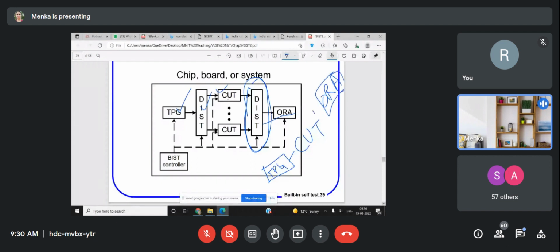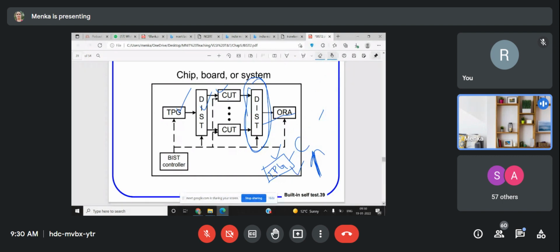For one specific CUT, one specific TPG and one specific ORA was there. Whenever the CUT is doing its work, the chip is doing its work on board, all this test pattern generation and analysis is also happening simultaneously. But in this case this is offline, so the chips are not going to be in active mode.